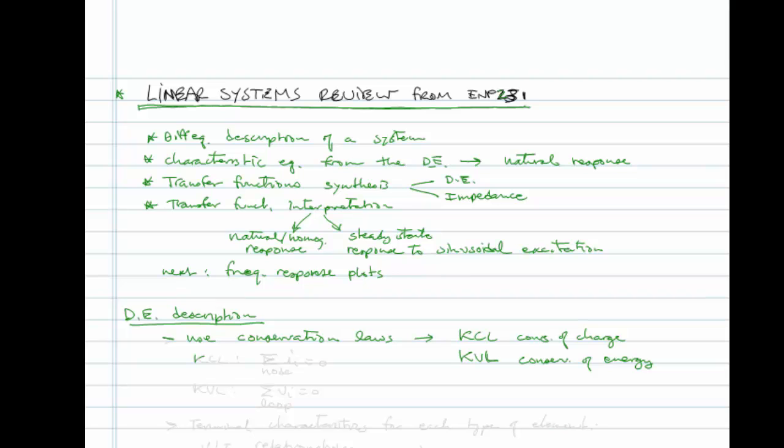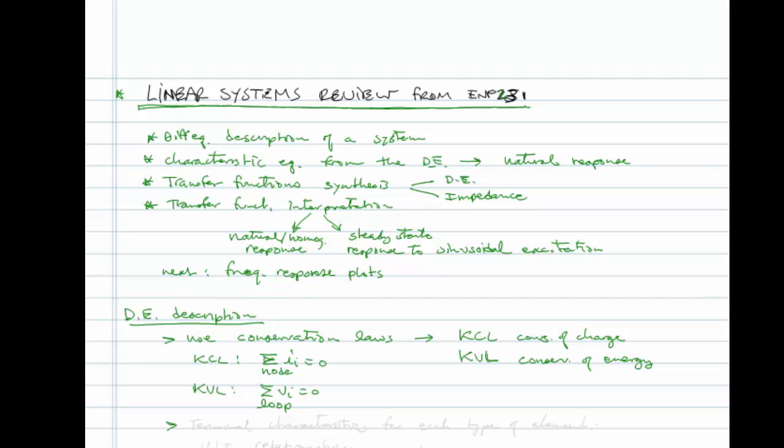So KCL, of course, is just the sum of currents converging on a node is equal to 0, and KVL is the sum of voltages around a loop is equal to 0.